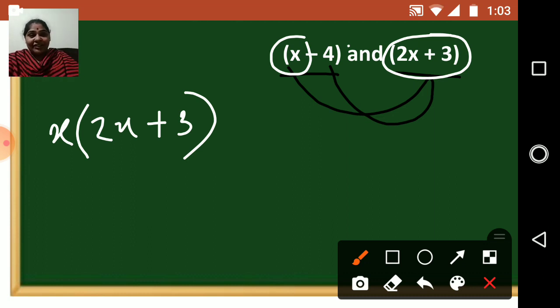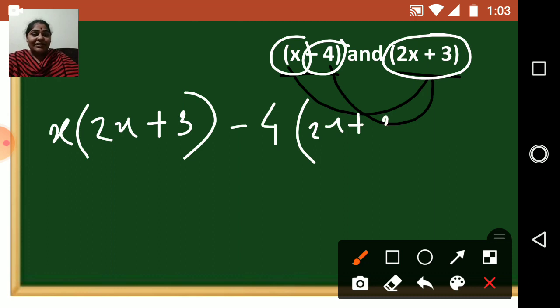Now I will take the second term from this first expression, that is negative 4, that is minus 4 multiplied by 2x plus 3 in the bracket. So I have multiplied here each and every term with the second expression. I hope this is clear. If there are three terms, children, again the third term you will multiply with the second expression.